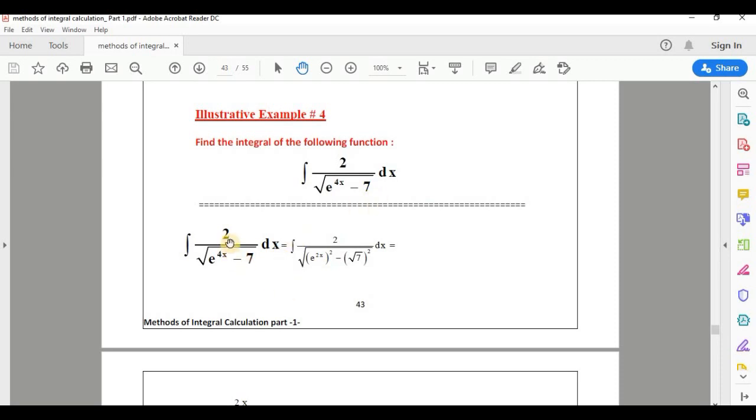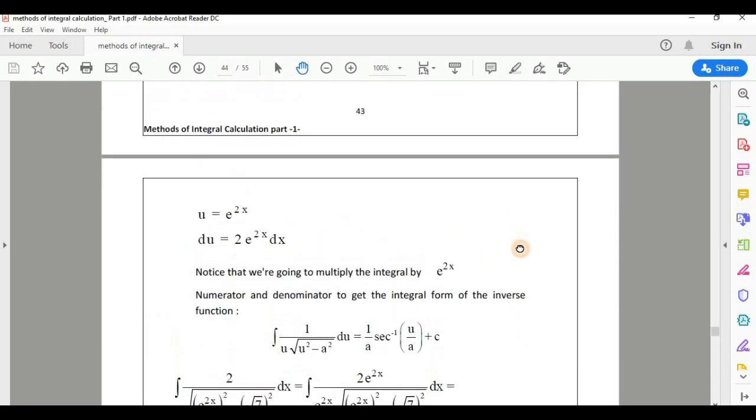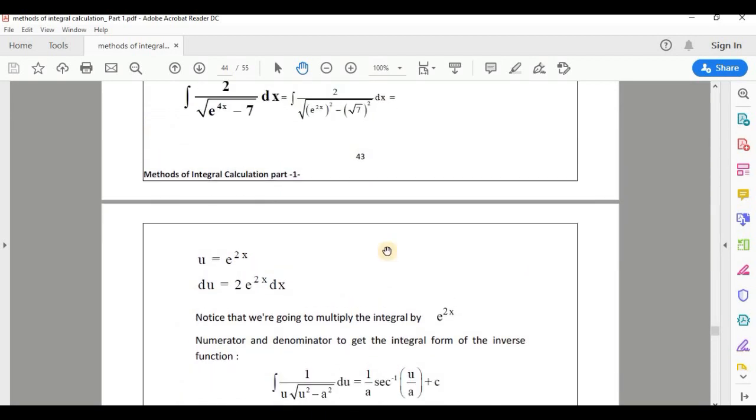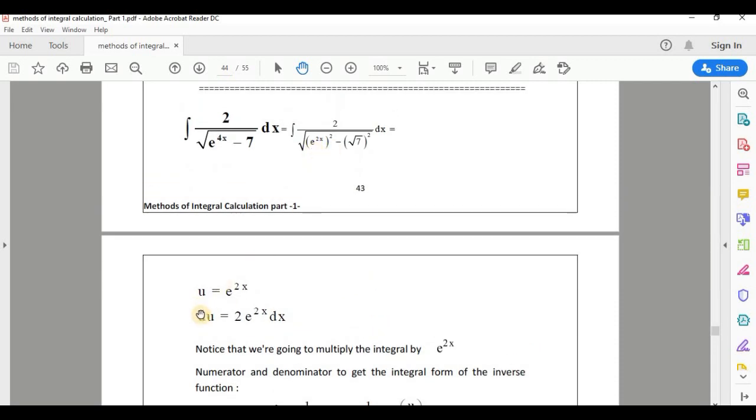It will be equal to the integral of 2, we will keep it as it is, under root e to the power 4x, which is e to the 2x all to the power 2, minus 7, which is root 7 all to the power 2, dx. As the solution step, we will use the substitution method to put the integral in the inverse form of integration of a trigonometric function. We will take this part for the assumption.